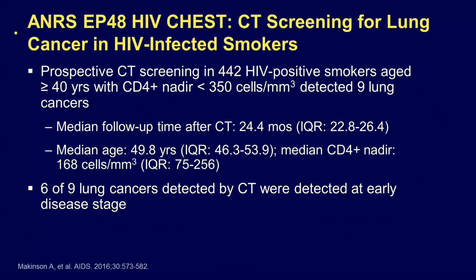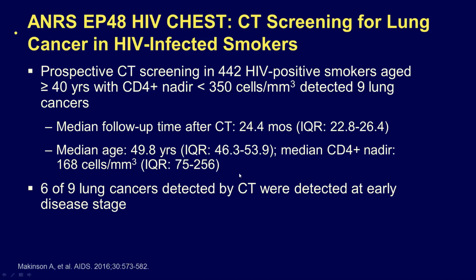So here's another smaller study, but this is in HIV patients where we're still a little not sure, but we think it's got a good idea. So here were 442 HIV smokers, similar to the study of that large 53,000 database we just saw. Here you see age 40 and older and their helper counts. 9 detected cancers, median follow-up 24 months.